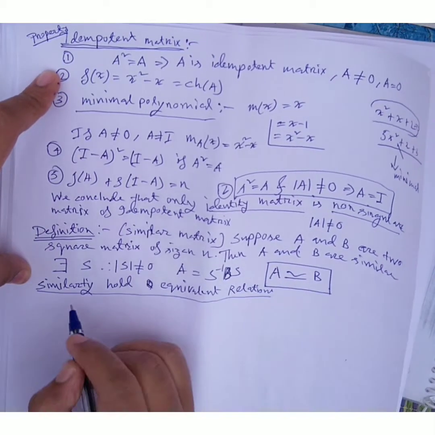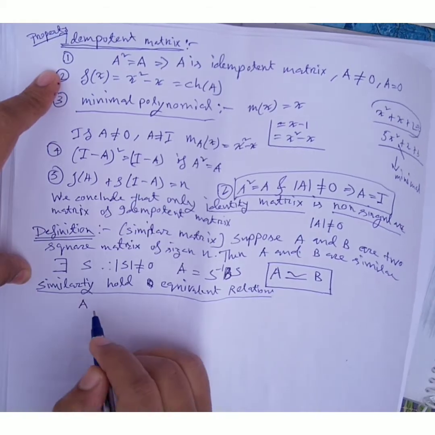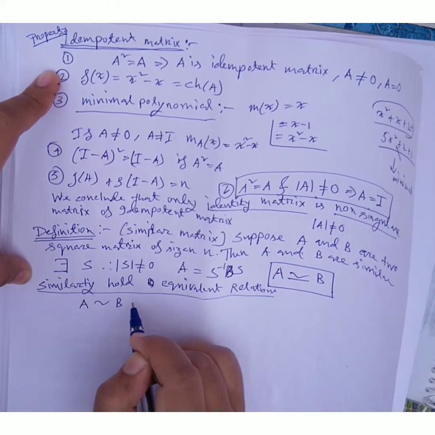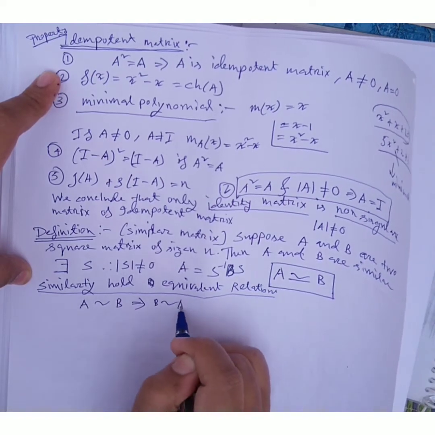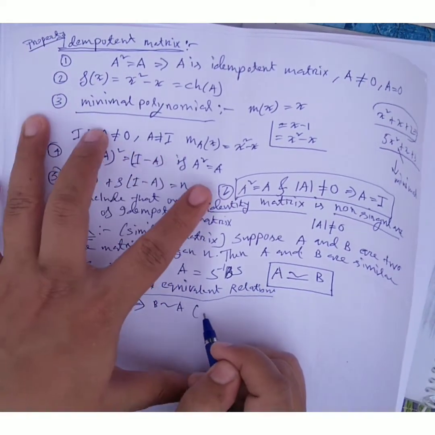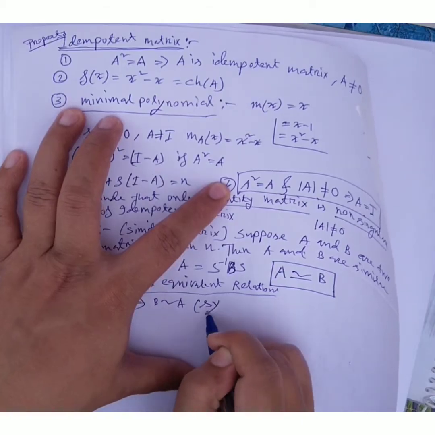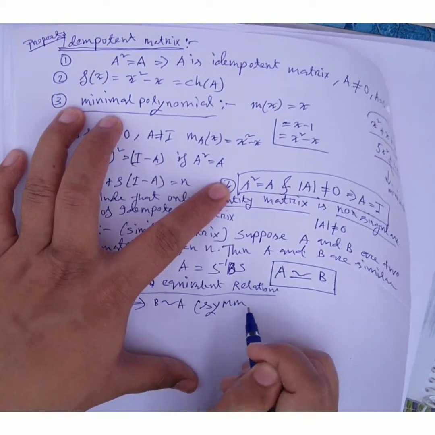Similarity holds equivalence relation means A is similar to B implies B is similar to A. This is called symmetric. Equivalent means reflexive, symmetric and transitive.